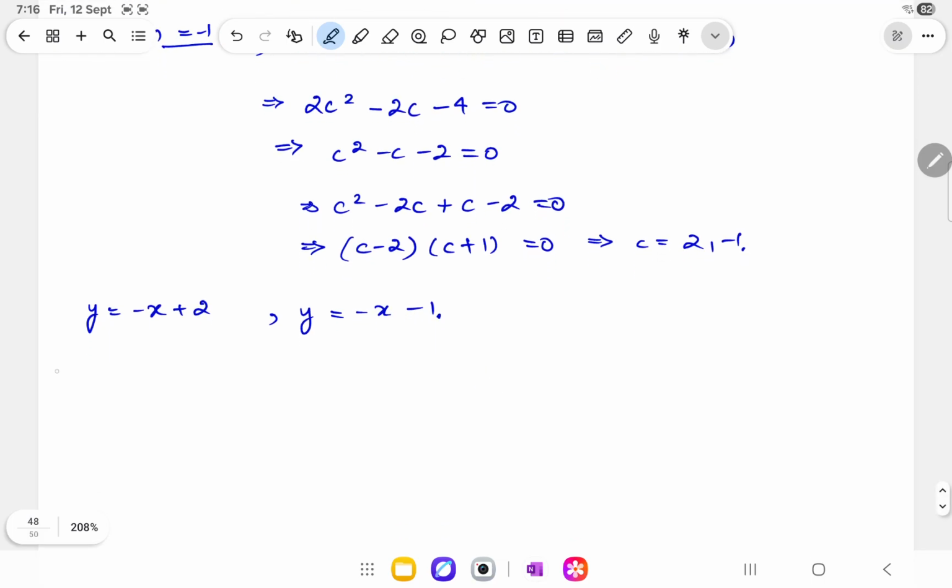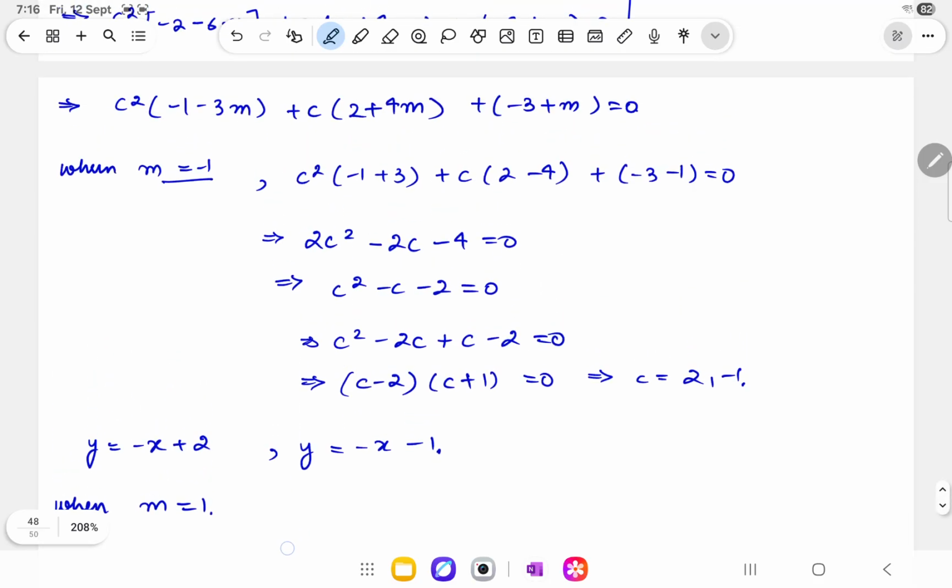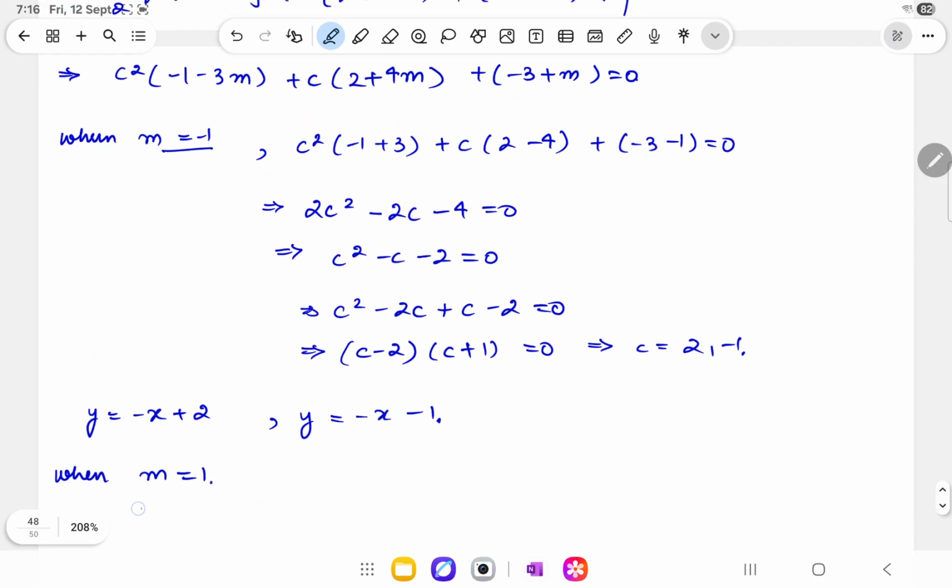Likewise, when my m is equal to plus 1, the equation will be c square into minus 4 plus c into 6 minus 2 equals 0.